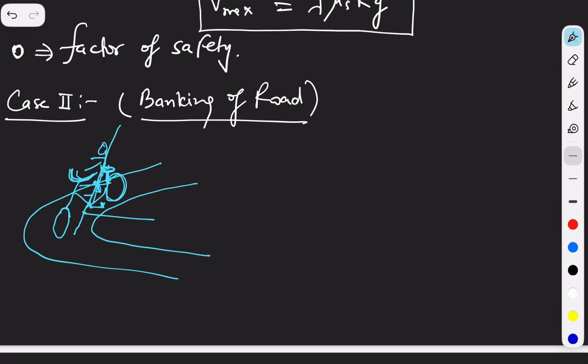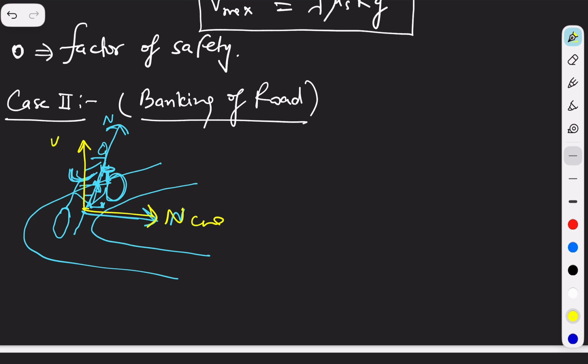So guys, actually what happens when you do this thing, you get an extra support in the form of the centripetal force for taking a safer turn. How? This normal force that you are having will have two components. Now one component along this, one minute, guys. There is one component along this that you will have, let me choose some other colors. There is one component here, n cos theta, let's say, and this will be, let's say, n sin theta.